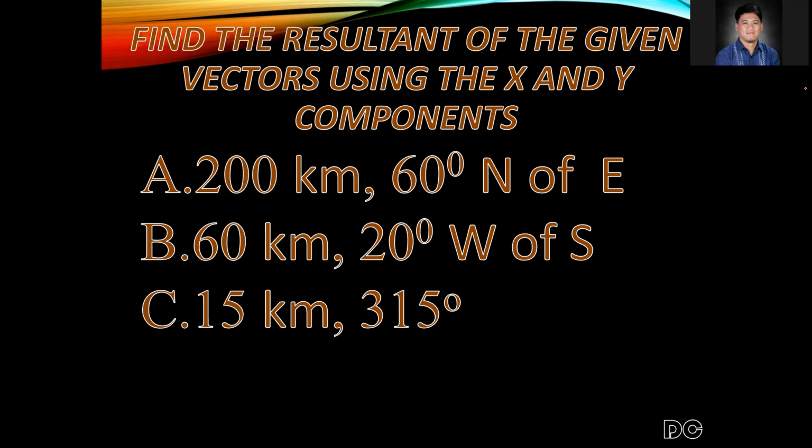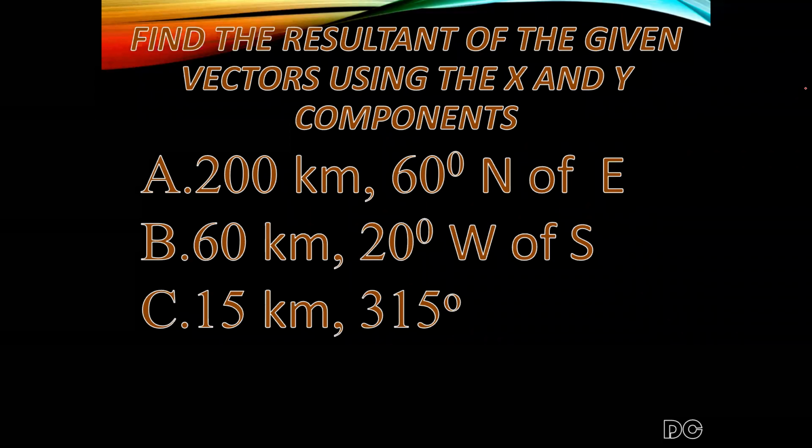For vector A, we have 200 kilometers 60 degrees north of east. For vector B, we have 60 kilometers 20 degrees west of south. And for vector C, we have 15 kilometers 315 degrees. So these are three non-collinear vectors. How can we solve for its resultant?